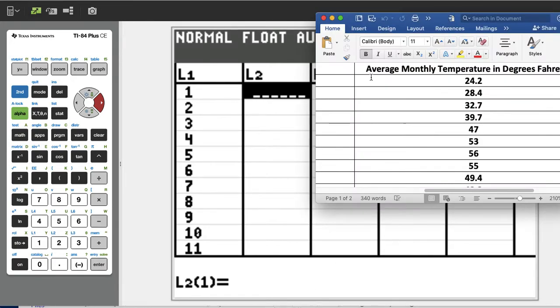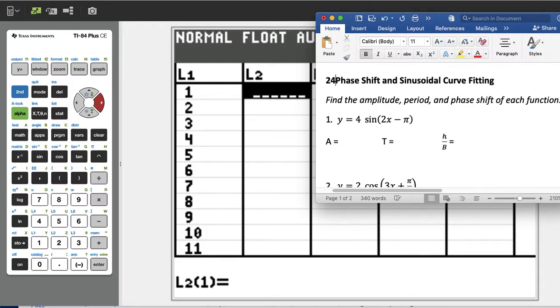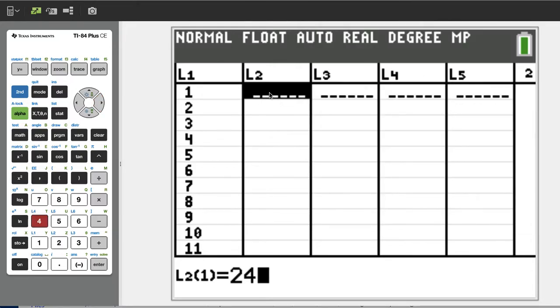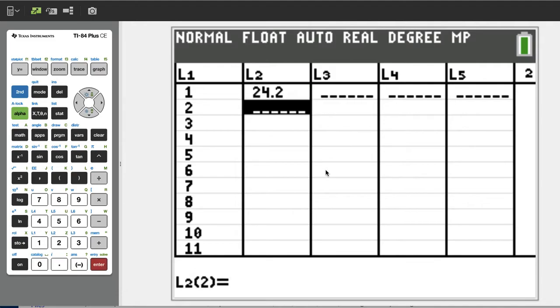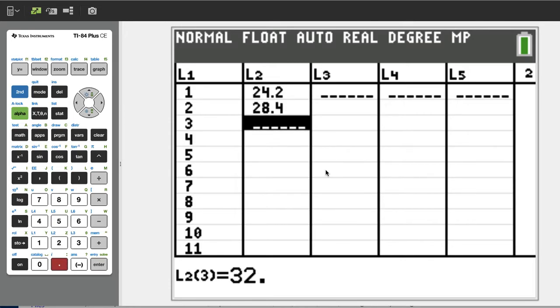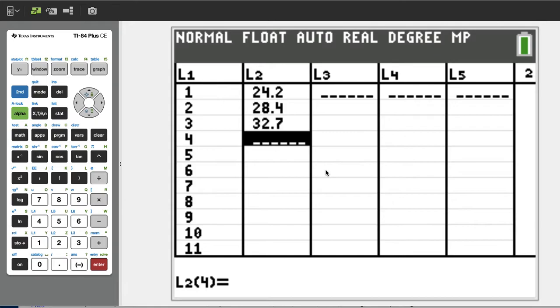Okay, so our temperatures: 24.2, 28.4, 32.7, 39.7, 47.